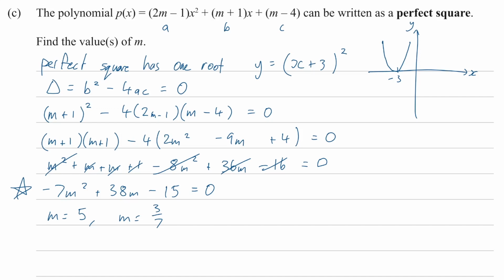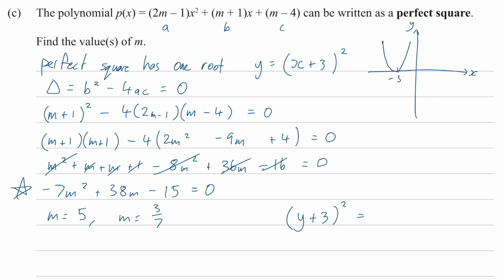Going right the way back to the top to p of x. Or, actually, let's go back to this example here. If we were to expand that out, what value would the constant c be? Have a think about that. So y plus 3 squared.